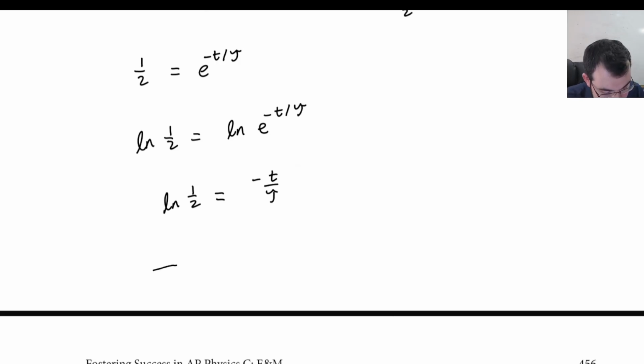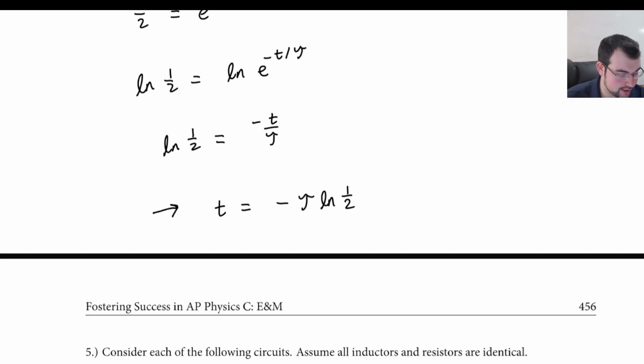So this means that t is equal to negative tau times ln of 1/2. Which again, this seems kind of odd because we get a negative time, but remember that log property says this negative 1 can become an exponent on the 1/2. So I actually get tau times natural log of 2.